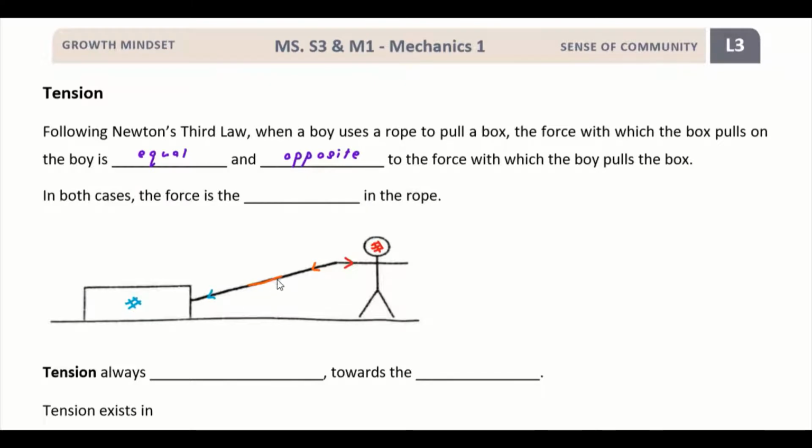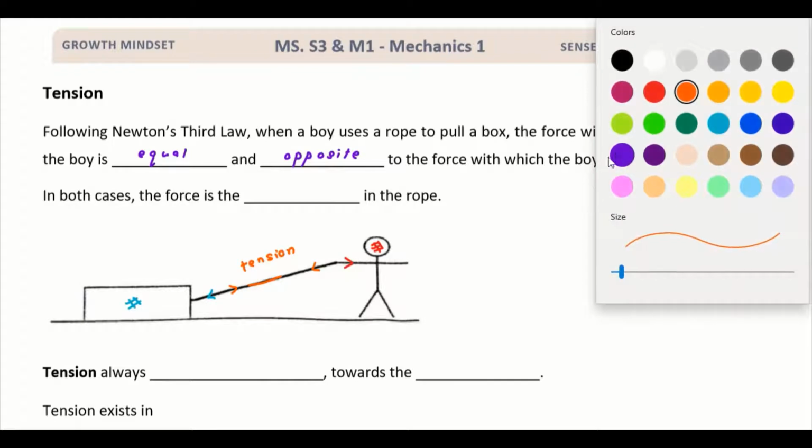Same thing, if the box is pulling towards its direction, it will exert another force going inward as well. These are all based on Newton's third law. So you can see there's a force acting on this rope, and this is called tension.